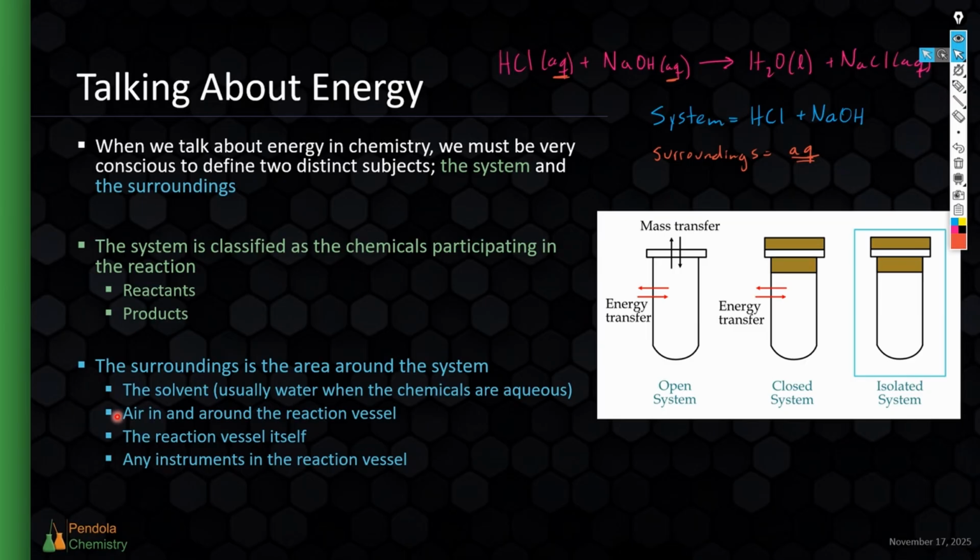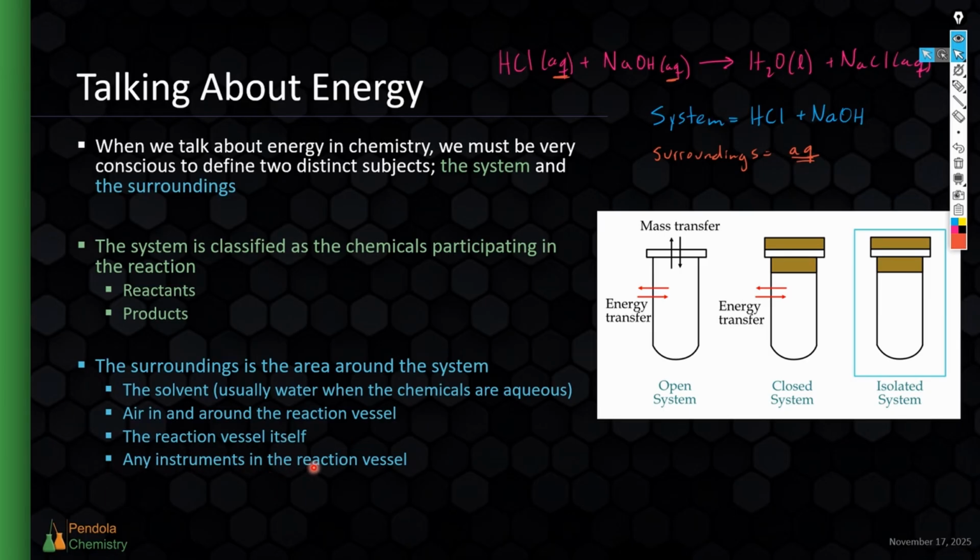Other things that would also constitute parts of the surroundings are the air around the reaction vessel. So both the air inside of the beaker or test tube where it's happening and the air around that system. The reaction vessel itself, so that beaker, that test tube, that Erlenmeyer flask, all of those things will be part of the surroundings.